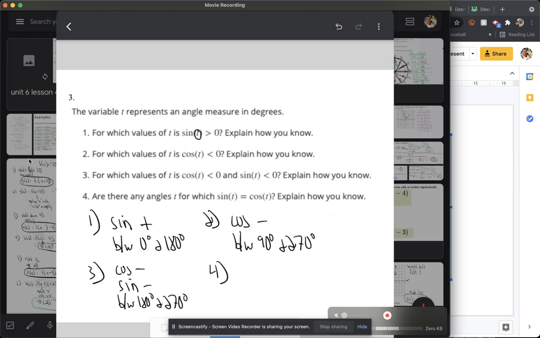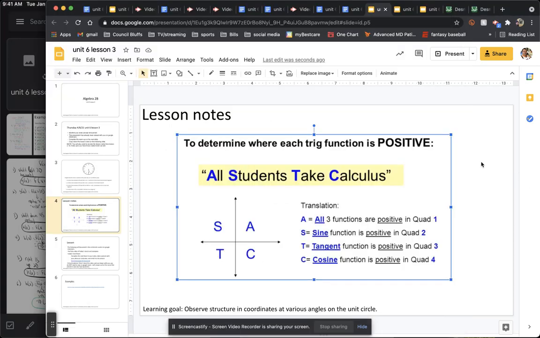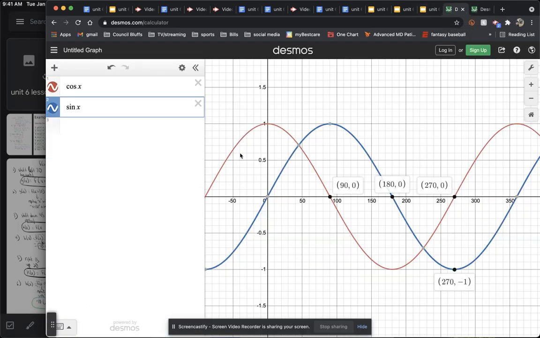All right, number 4. Are there any angles t for which sine t is equal to cosine of t? In other words, do the graphs of sine and cosine intersect? And I can clearly see here that they do.